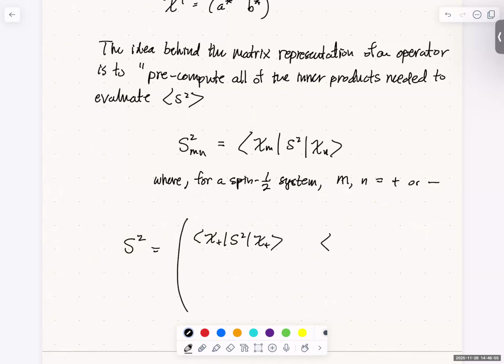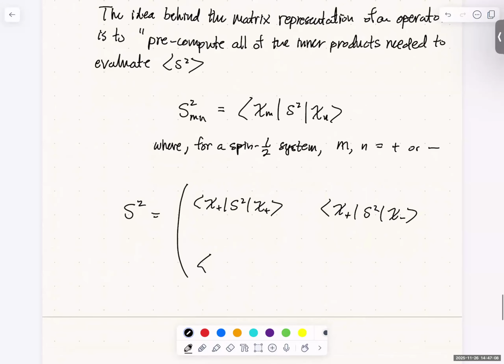In the 1, 2 position, I'll have chi plus first, then our S squared, and then chi minus. In the 2, 1 position, we'll have chi minus, S squared, chi plus, and then lastly, chi minus, S squared, chi minus.